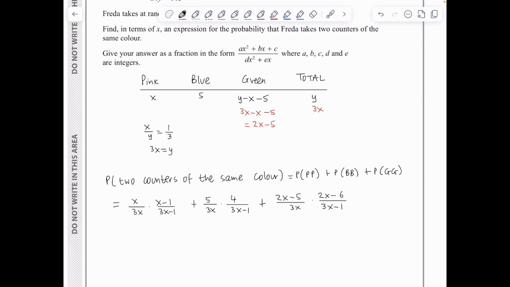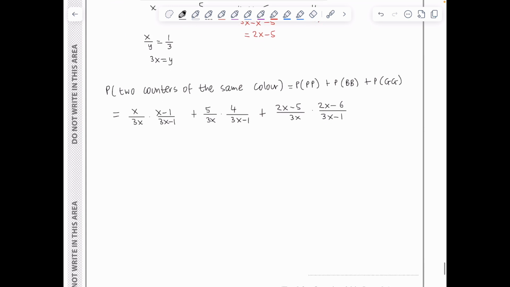Now I'll be expressing everything over the denominator of 3x times (3x - 1), and looking at the numerators, we've got x(x - 1) + 20 + (2x - 5)(2x - 6).